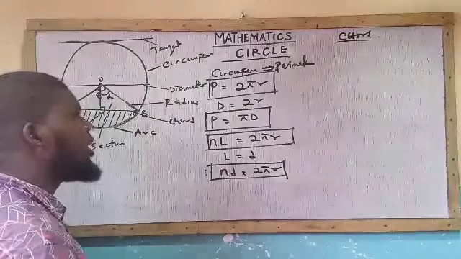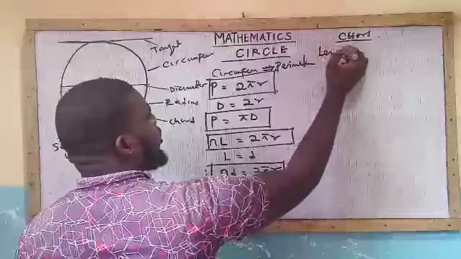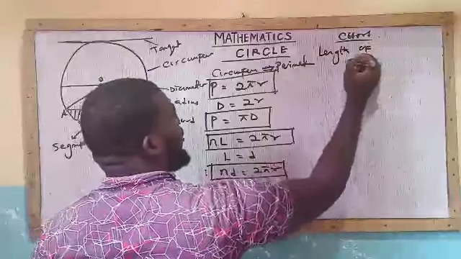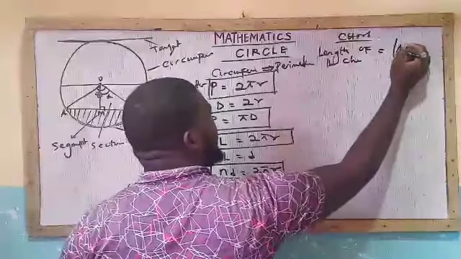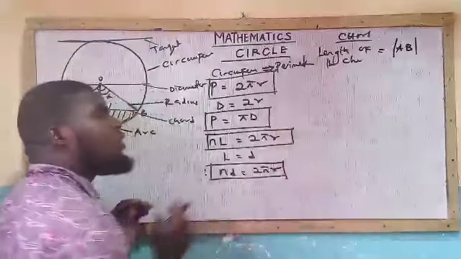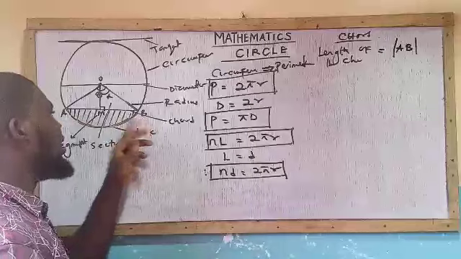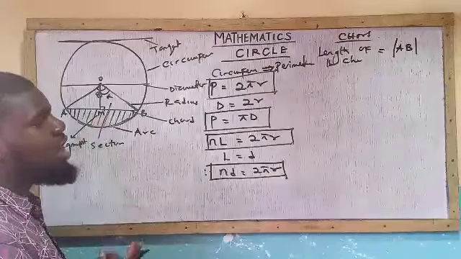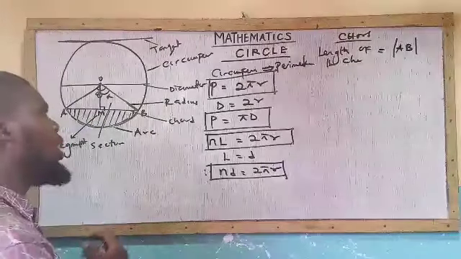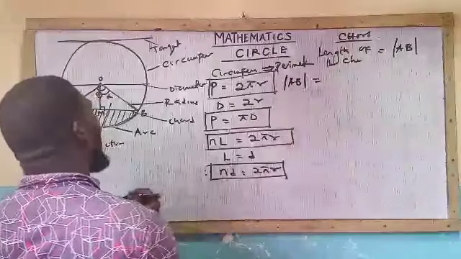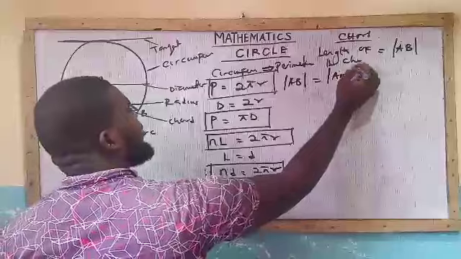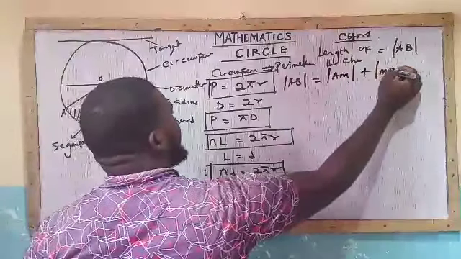Of course, you will agree with me that the length of the chord will be equal to length AB. Now, if the length of the chord is equal to length AB and M is serving as the midpoint, we can say that length AB will be equal to length AM plus length MB.